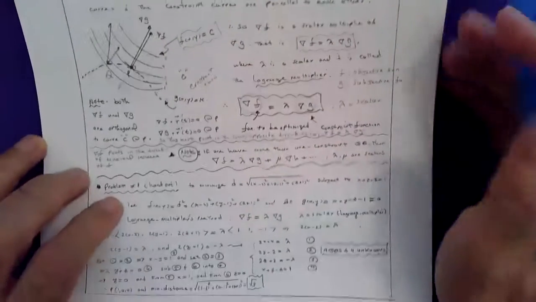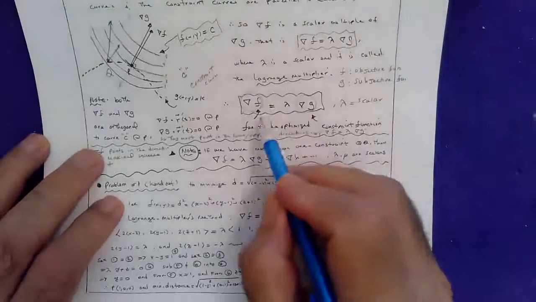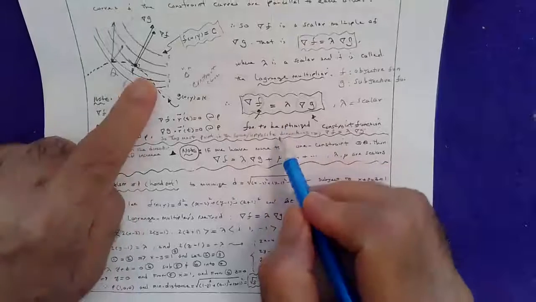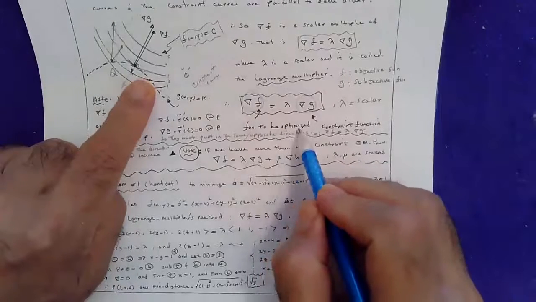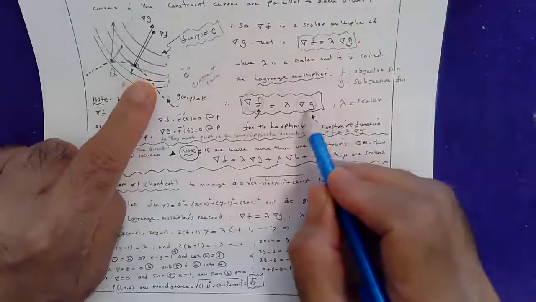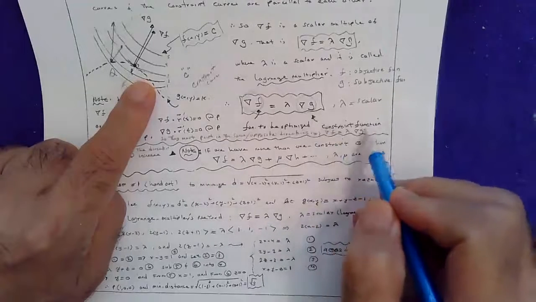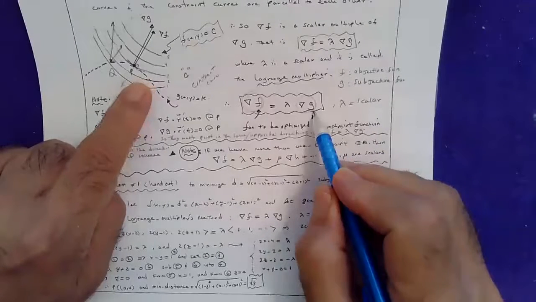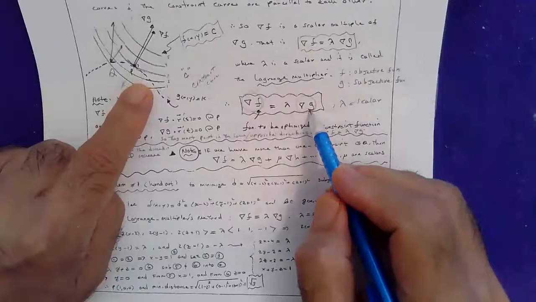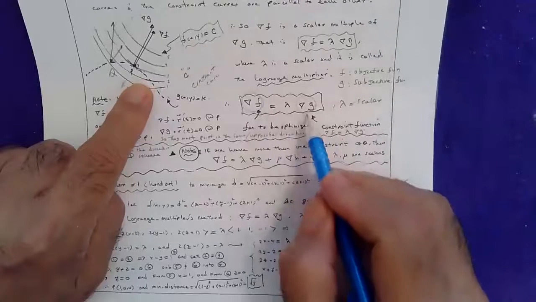This is called the Lagrange equation, which is the gradient of the function which is going to be optimized equals lambda times the gradient of the function which is given as our limitation or constraint equation. Keep in mind the order matters.